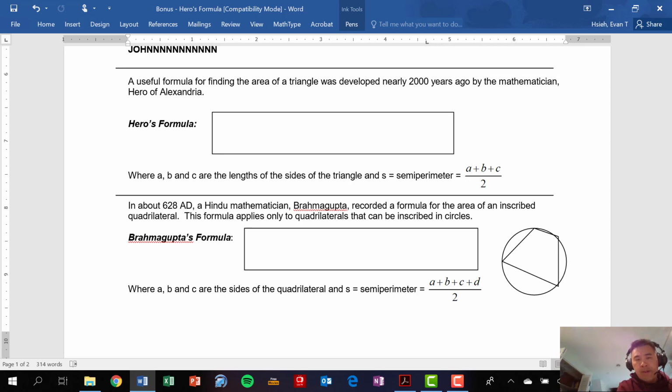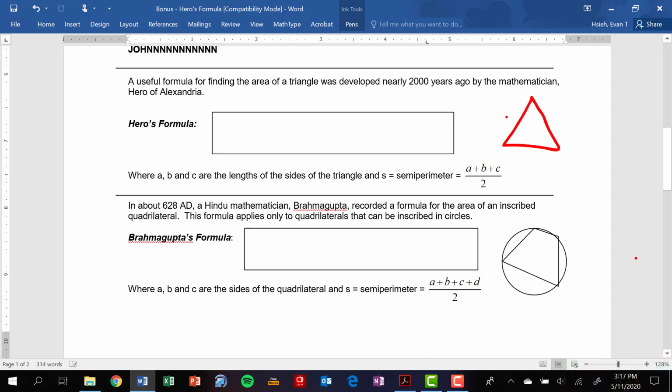The formula basically allows you to take a triangle with sides A, B, and C, and if I give you those 3 sides, you can find the area of that triangle. It's a nice little formula. So the formula works like this. The area of the triangle is equal to the square root of S, which is the semi-perimeter.